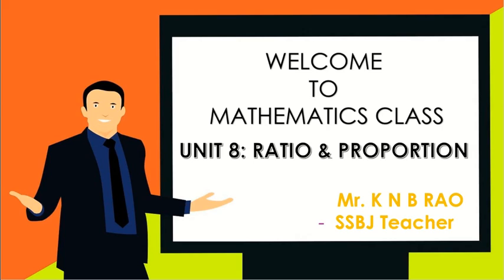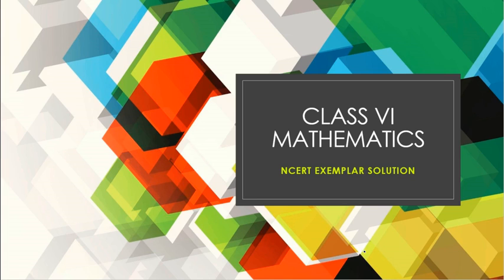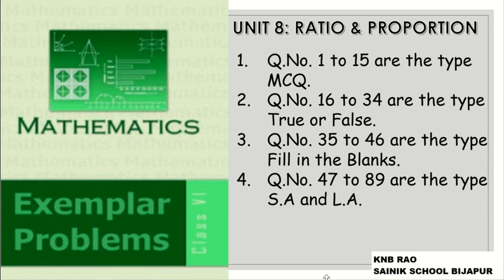Students, we were revising unit 8 ratio and proportion with the help of NCERT exemplar problems, and we have completed in our previous two sessions up to question number 34, which includes MCQ type as well as true or false type.